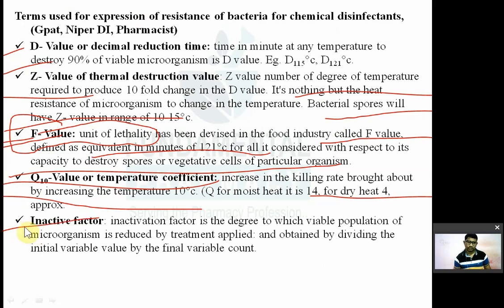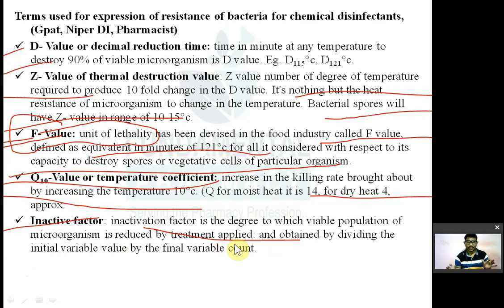Inactivation factor is nothing but the degree to which viable population of microorganism is reduced by treatment. Inactivation factor क्या है? मतलब क्या? जो जिंदा बैक्टीरिया है वो कितने मरे.